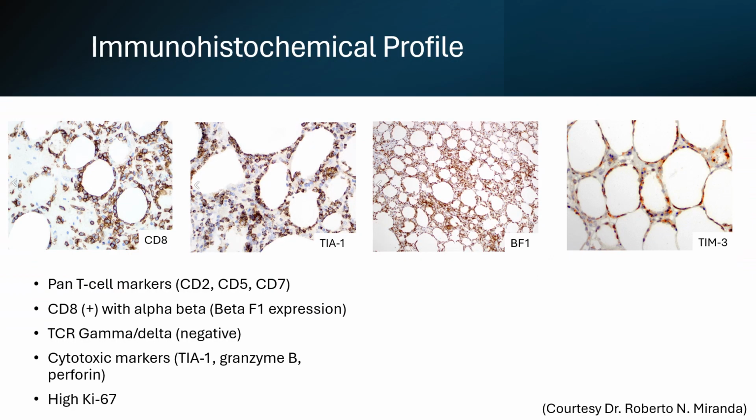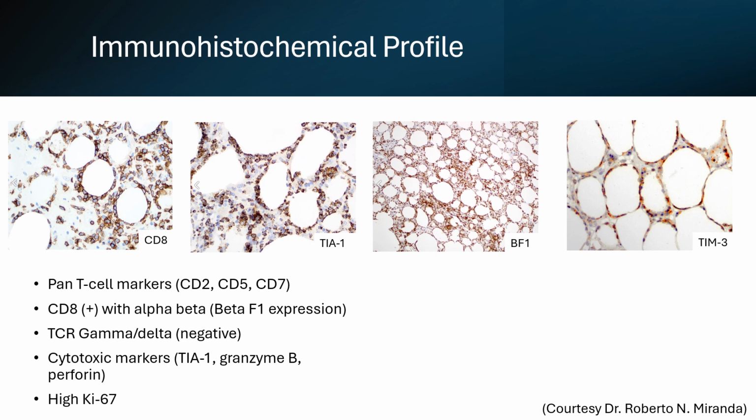Immunohistochemistry shows SPTCL is highlighted by CD8 positive T cells, and this is very helpful to rule in the diagnosis. TIA1 or any other cytotoxic marker is usually expressed in SPTCL, and SPTCL has to be beta F1 positive.